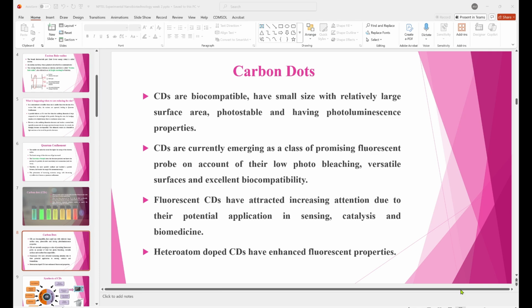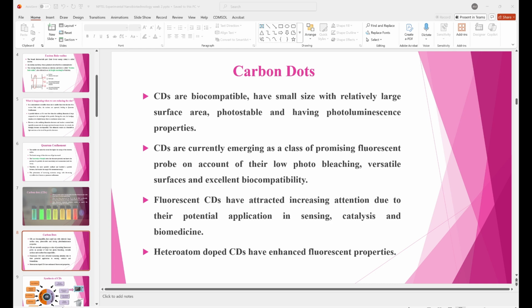So the intrinsic fluorescence of carbon dots is less. The quantum yield of the carbon dots is less when you do not dope them. So if you dope the carbon dots, there are two kinds of doping: one is known as N doping, the other is known as P doping. N doping means you are putting more electrons in your material, and P doping is positive, you're putting more holes in your carbon dots.